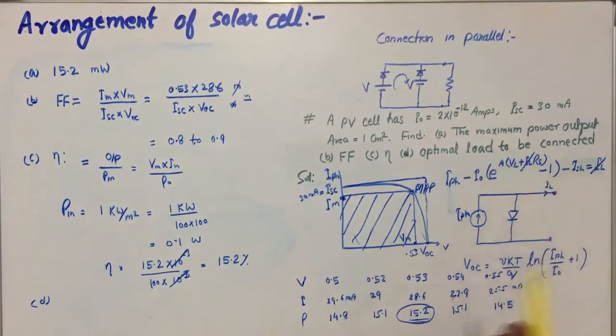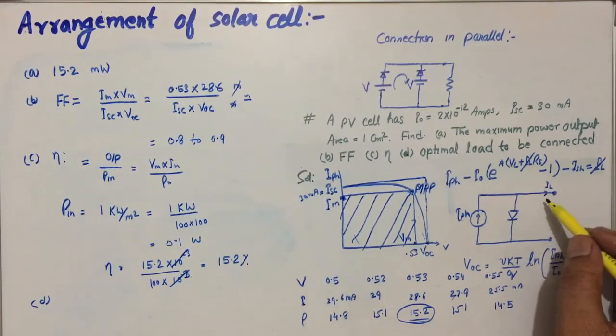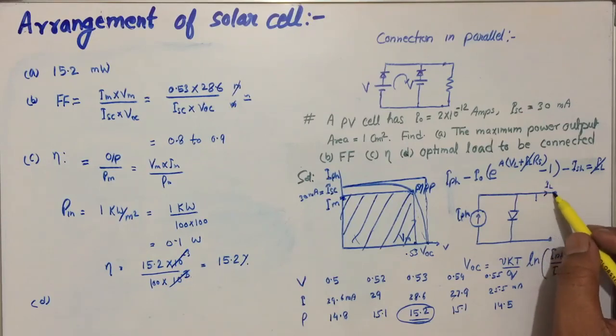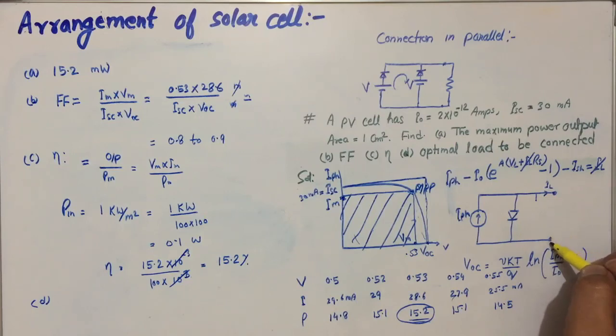And the optimal load, that is part D that we wish to find, the optimal load to be connected. For the load we can say the output voltage divided by the current that can flow from here. So this voltage divided by this current will give you the resistive value, the impedance value that you can connect for maximum output gain.